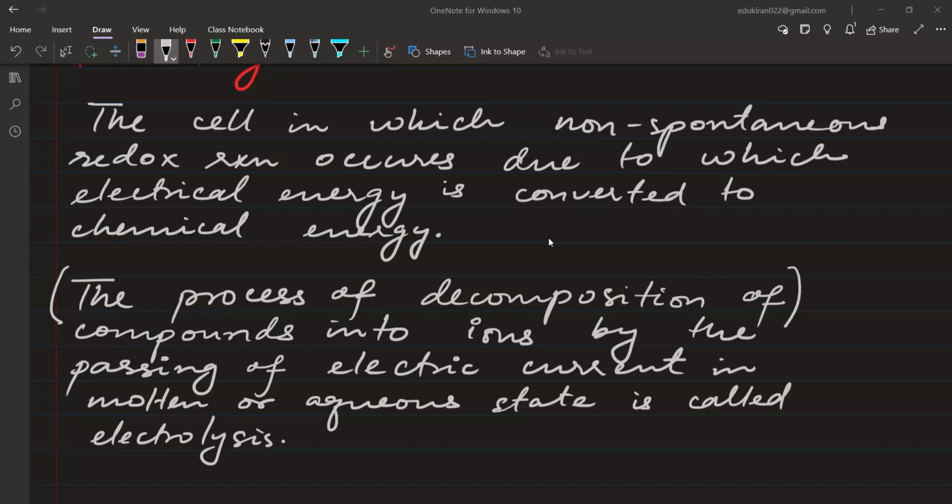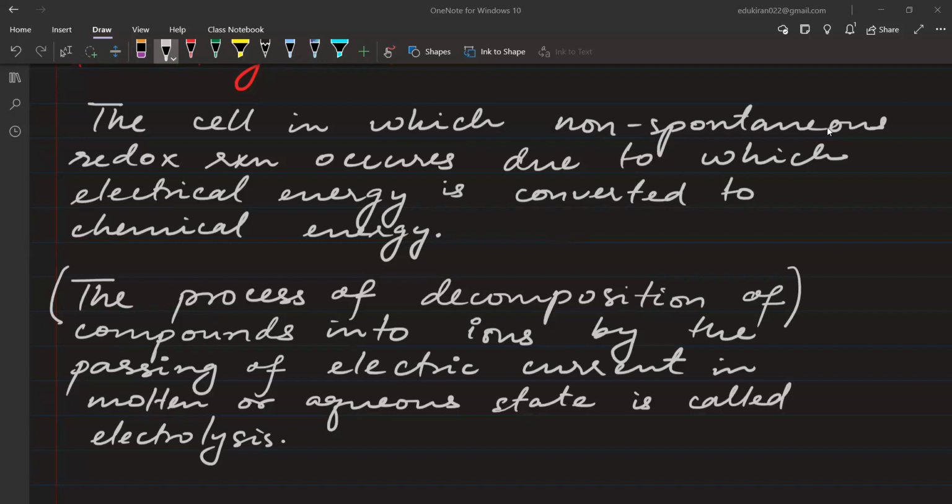Notes कैसे बनाना है. So this is how you are going to make notes. If you are writing the note word by word, that's not going to make any sense to you.